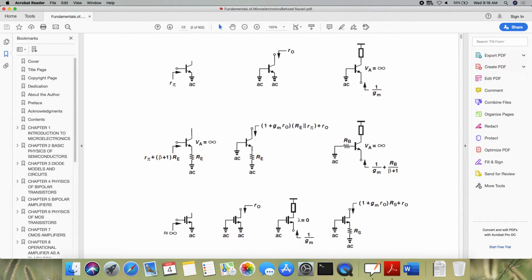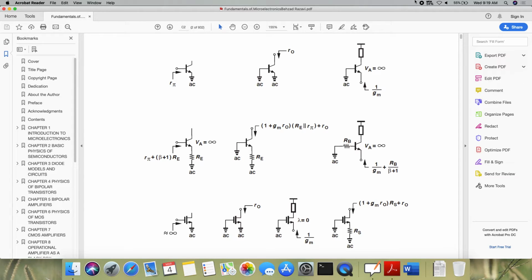The first page, right? If you are looking at the first row only, if you're looking into base, it's R pi, and this is the thing you have to remember. If you cannot remember, you have to just remember the small signal model, and in your brain you have to do the Thevenin theorem, right?